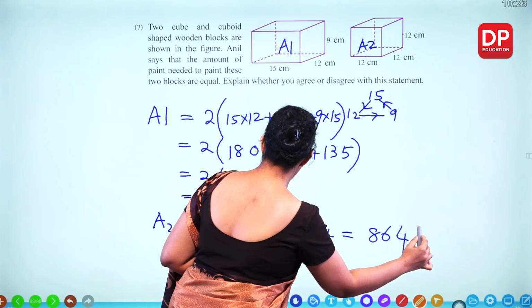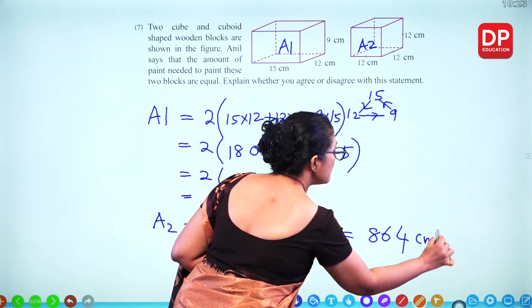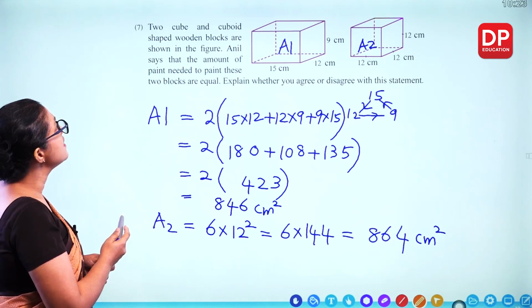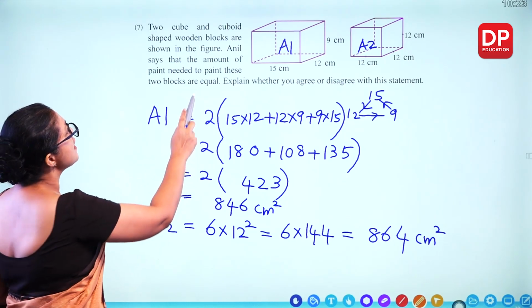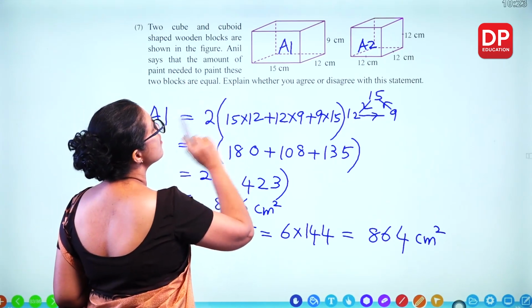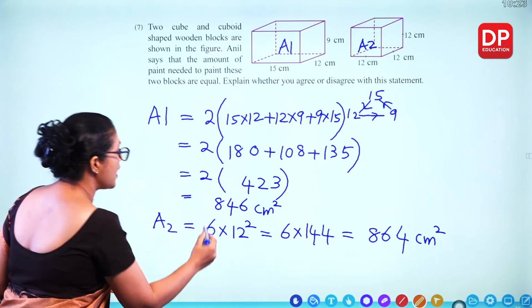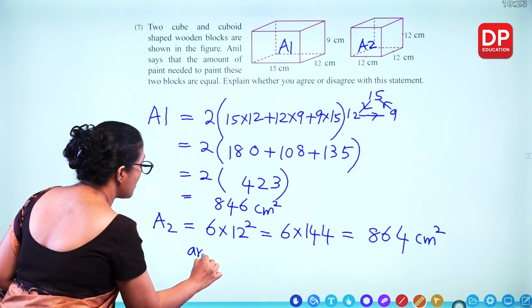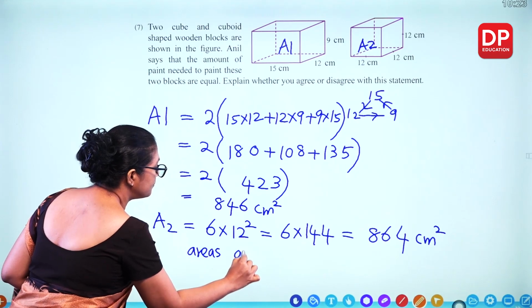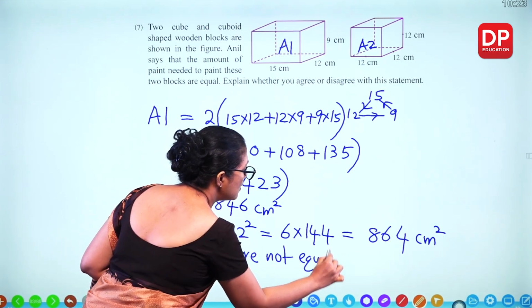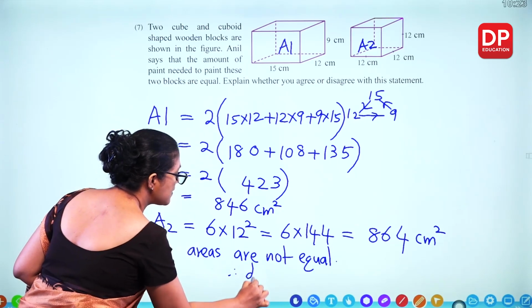So, are these the same or not? The two areas are not the same. So, that means this statement is wrong. So, we disagree with this statement. So, we can say areas are not equal, therefore disagree.